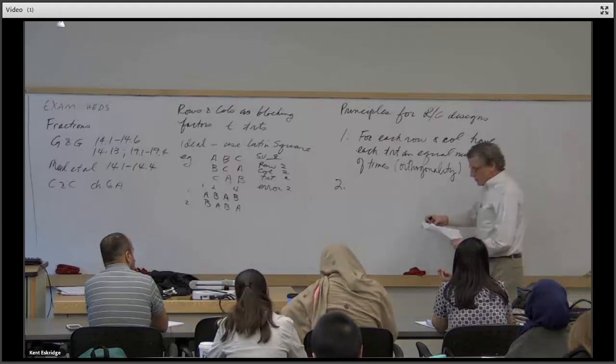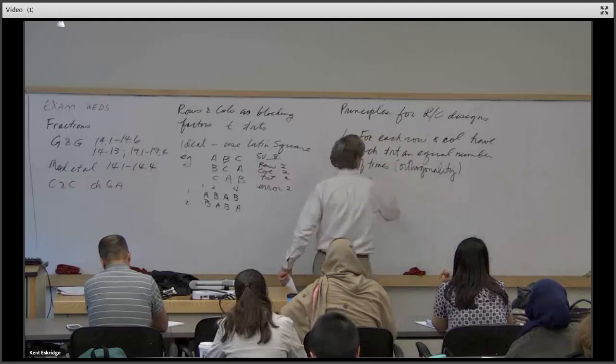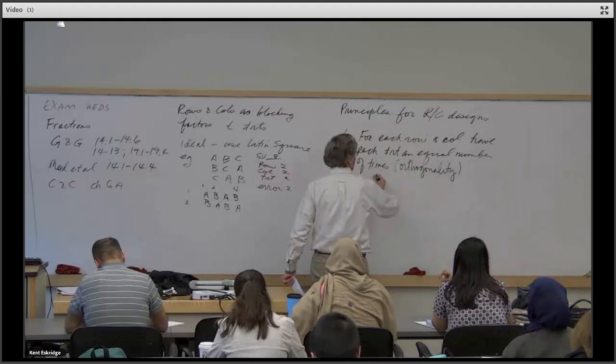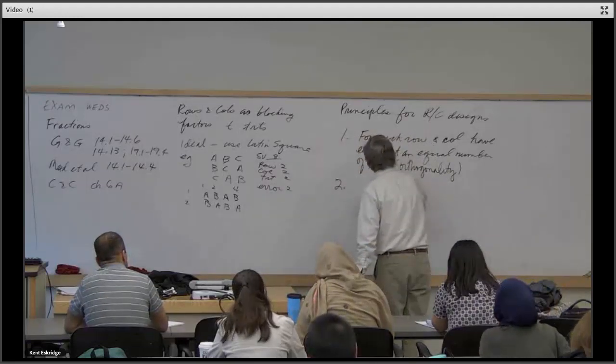Anyway, if we can't get orthogonality in both rows and columns, then 2.